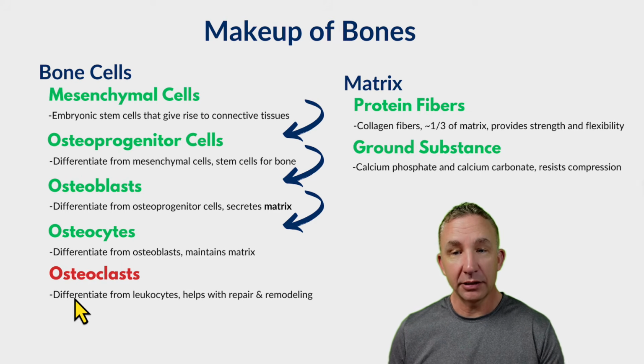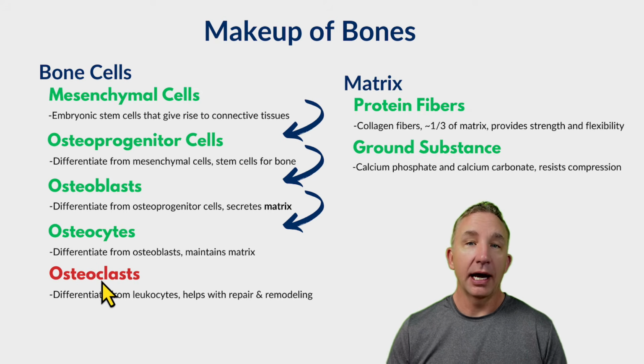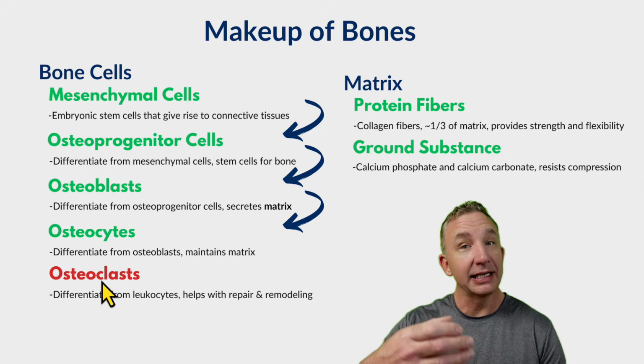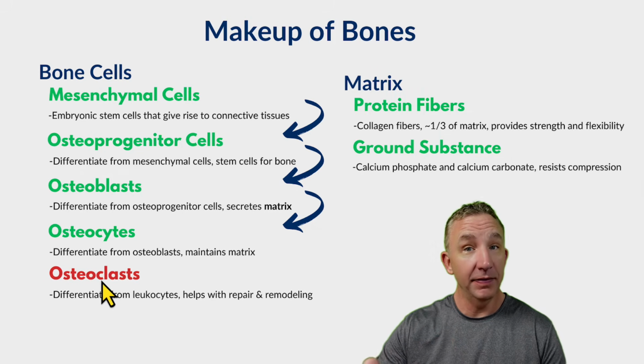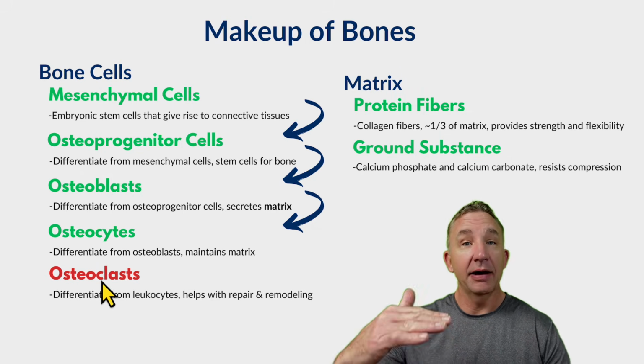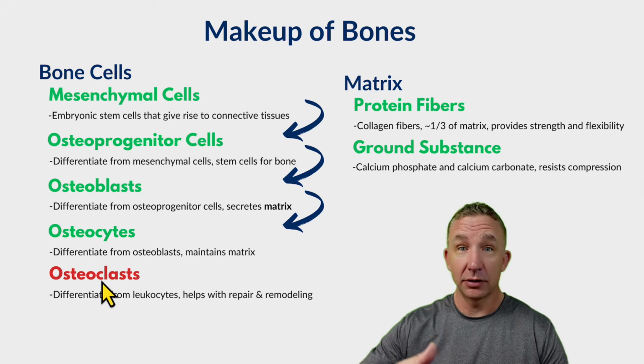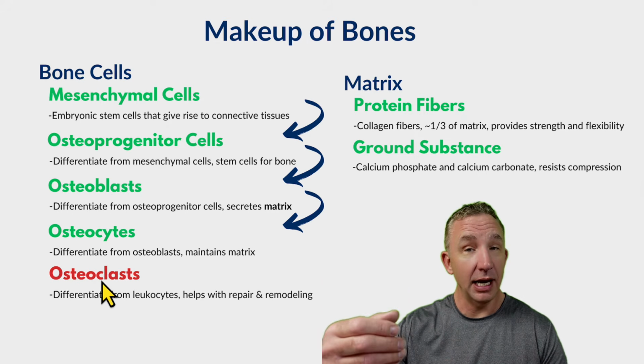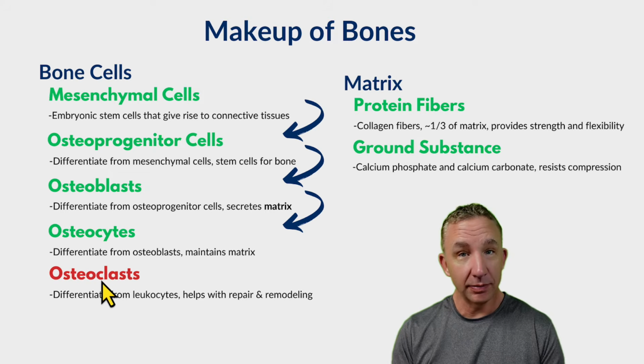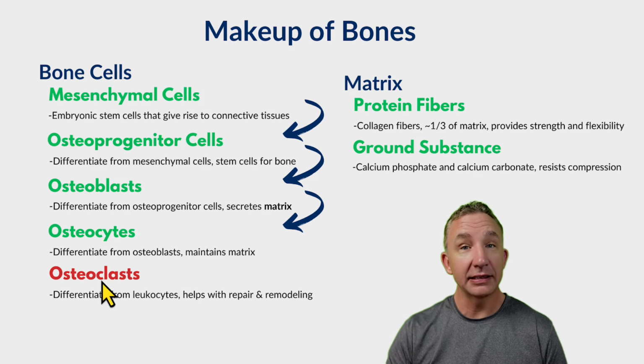And when we look at osteoclasts, they help as the bone develops over time. When my bone grows, it's getting bigger and bigger. So if I think about my femur, the biggest bone in the body, when I go from 10 years old to 20 years old, it's increasing dramatically in size. To help support the bone, I've got to make sure there's enough inside material to make it function.